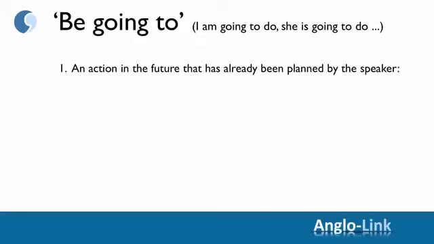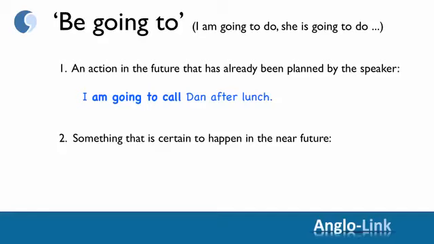For example, I'm going to call Dan after lunch. The speaker has already decided what he or she is going to do. This form is also used for something that is certain to happen in the near future. I know he's going to invite me out. The speaker is sure that this action is going to happen.